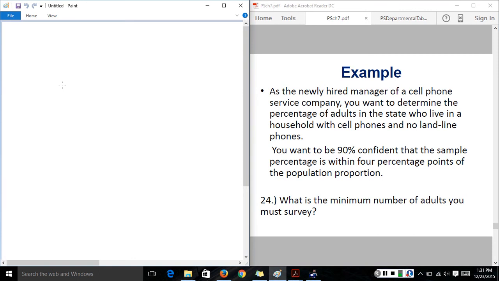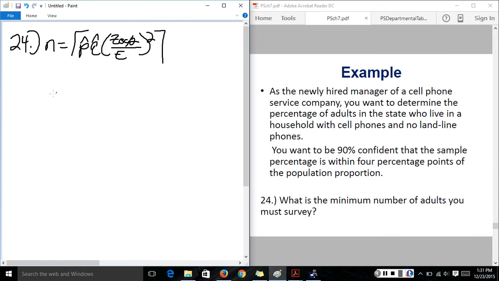Well, for this, we'll use the formula on the previous slide. So we'll substitute what we know and solve for what we don't know.